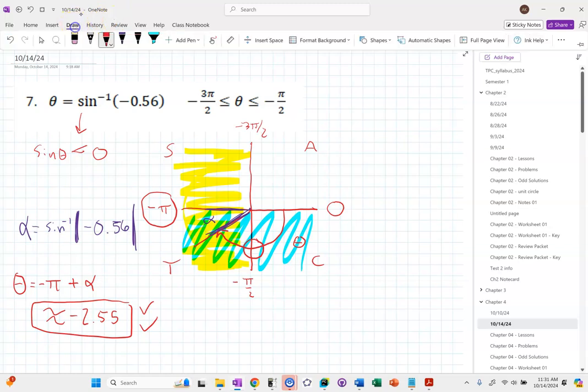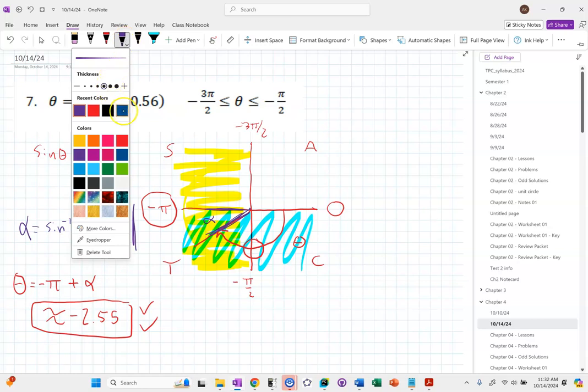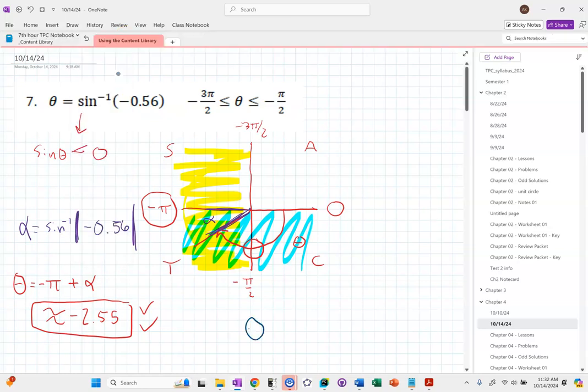Again, theta is always going to equal the x-axis part of alpha, and then plus or minus, and then alpha.